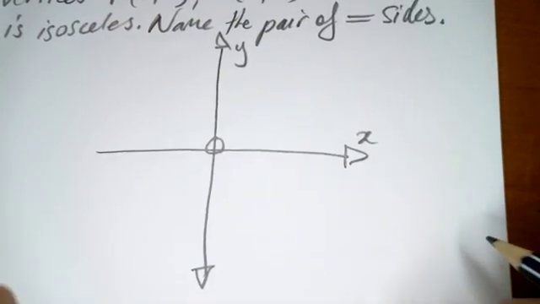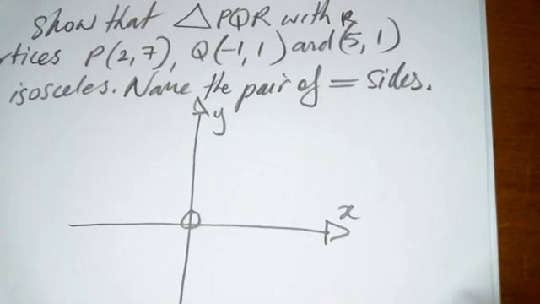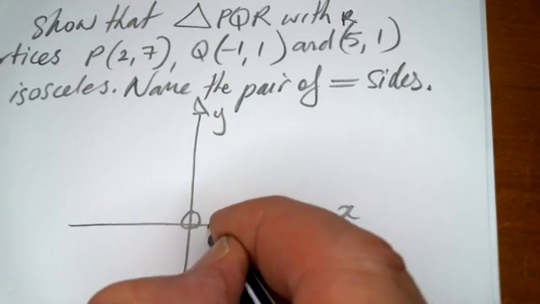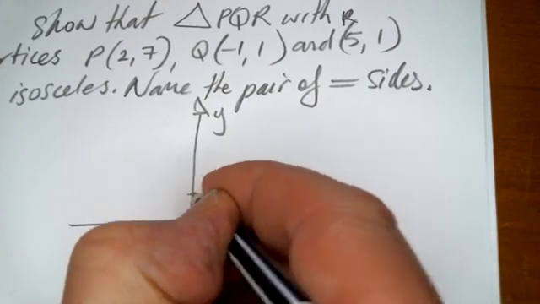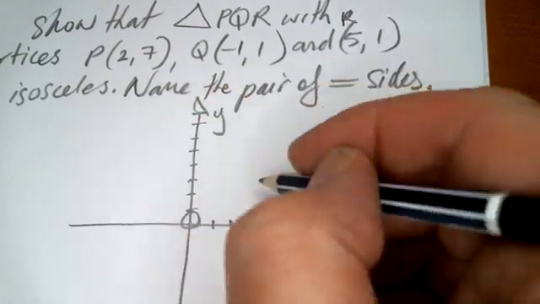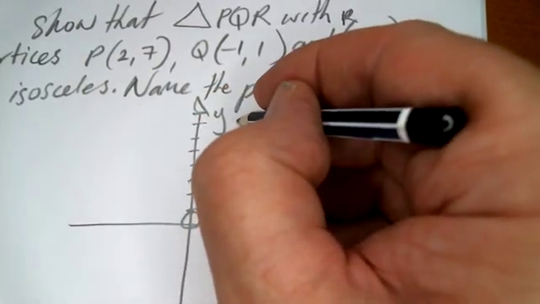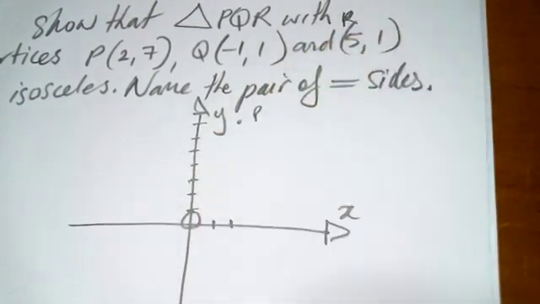So we're told we've got the sides, so we've got 2, 7. So I'm going to say this is 1, 2, and then you've got 1, 2, 3, 4, 5, 6, 7. So 2, 7 is going to be about there. And that's P. I won't bother putting 2, 7 there.